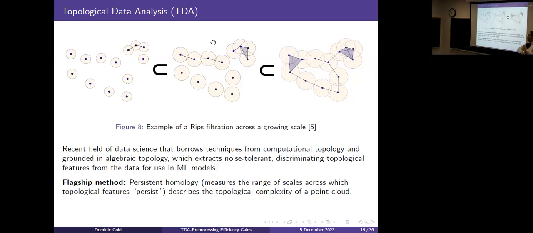You have a point cloud in space, and then you allow something called a growth parameter to make epsilon balls around each of those points, and then you connect them together based off of if those balls intersect.